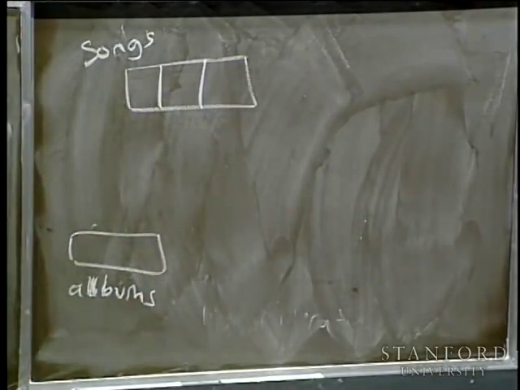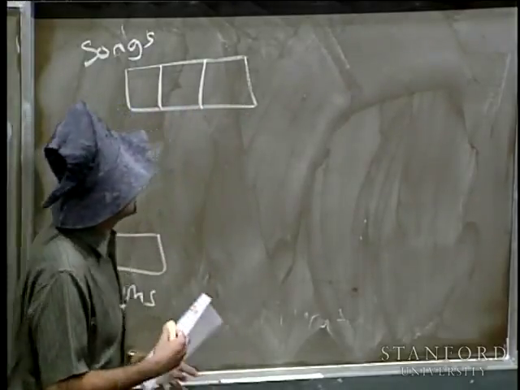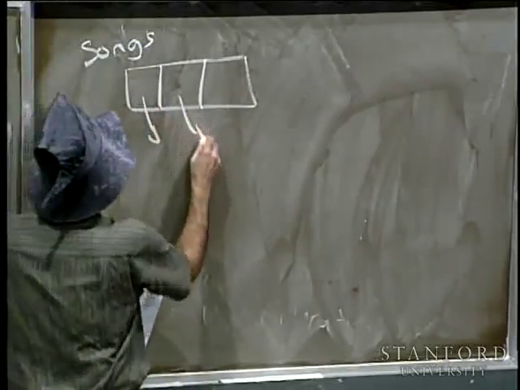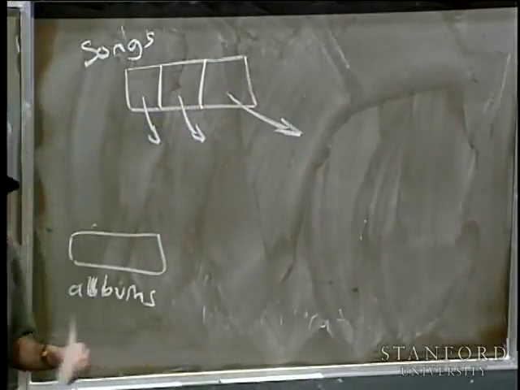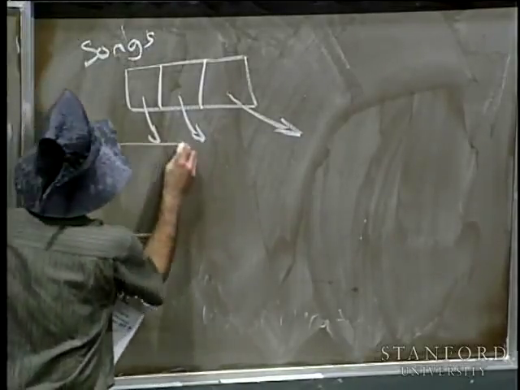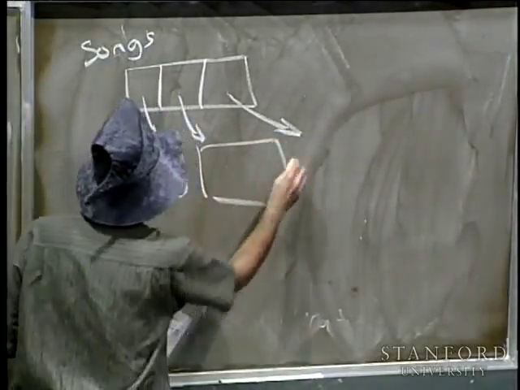Remember when we talked about that? When you pass an object to a method, you're passing a reference to the object. You're passing where that object lives. Which means that when you have an array list of songs, what you really have is a bunch of references, which we can think of as pointers, that refer to the actual objects that contain the songs.